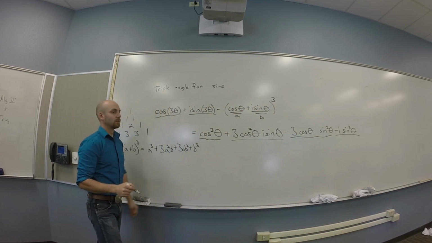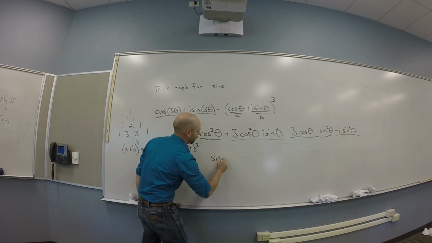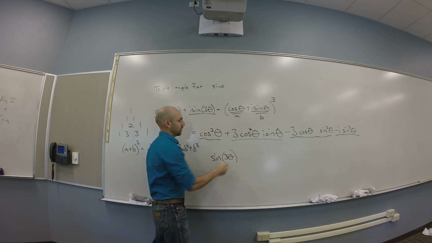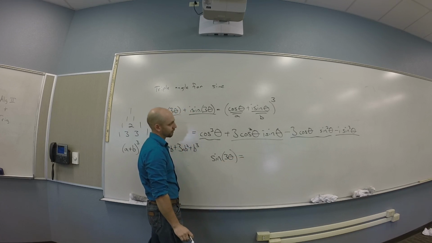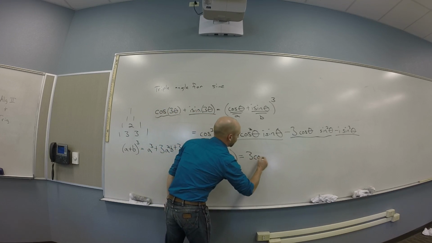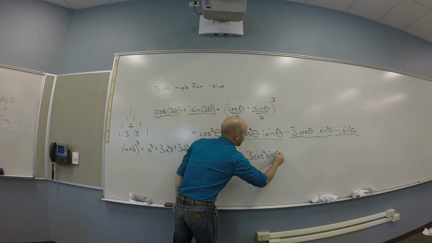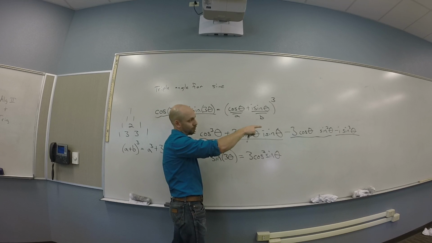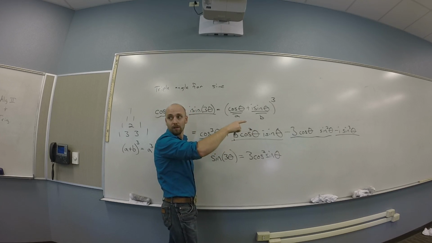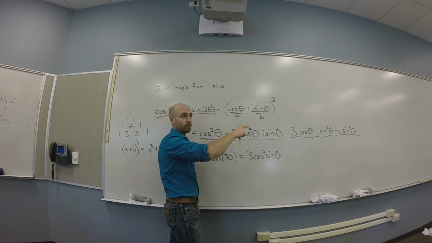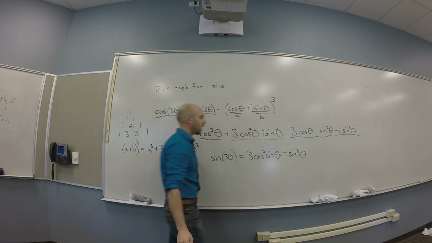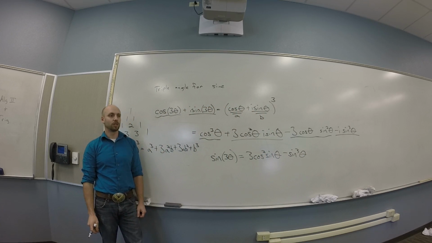You guys see this? So what I find out is that sine of 3 theta, and I'm just treating the i's like a marker, is going to be 3 cosine squared theta sine theta. That's this guy, i sine. And then a minus sine cubed theta. Why don't I need the i? Because I'm just using that as a marker.